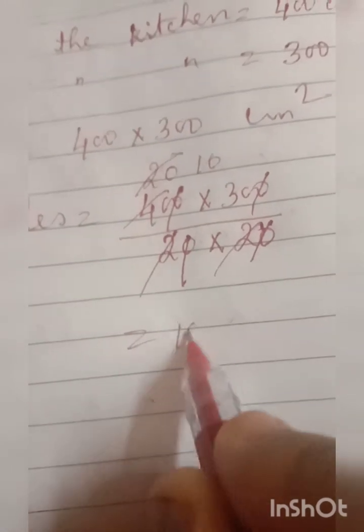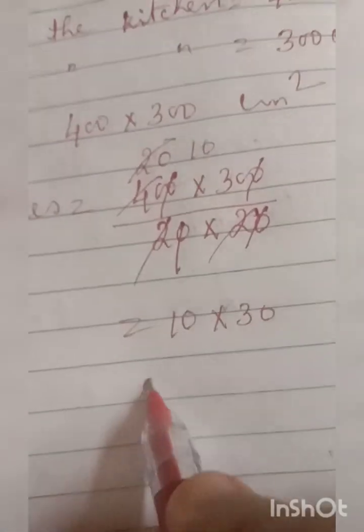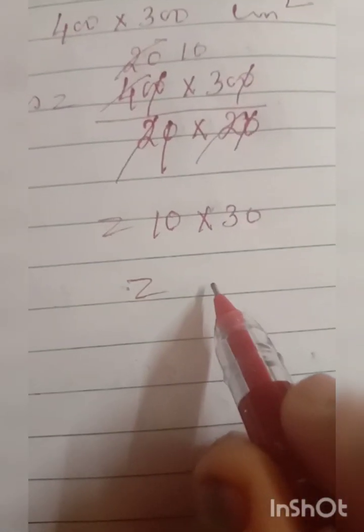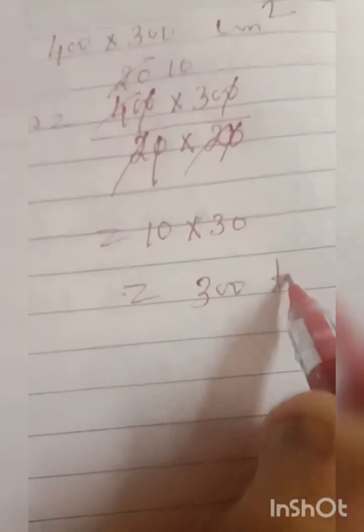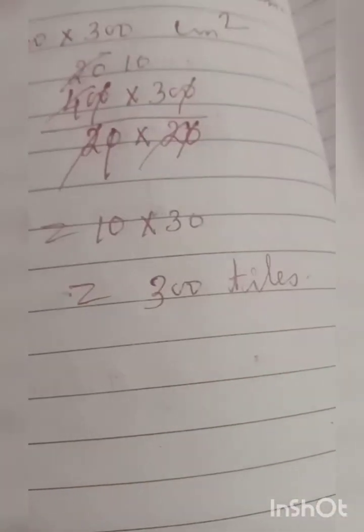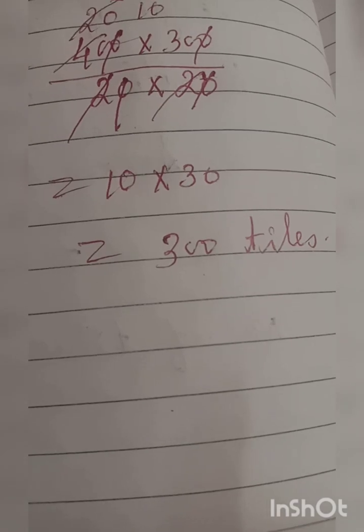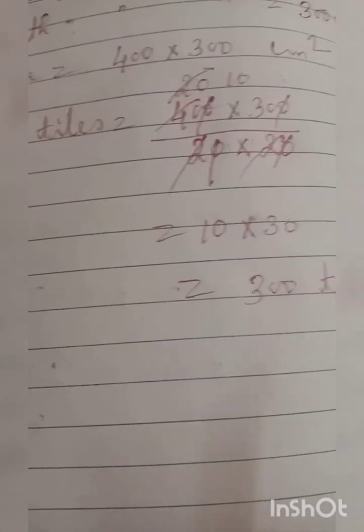Again 2 tens are 20. So the remaining numbers are 10 multiply 30, that is 300 tiles. Number of tiles are 300. Question number 6.